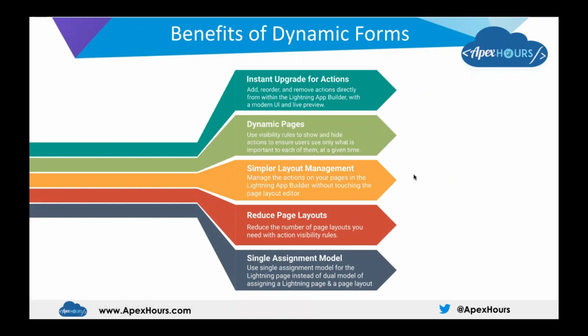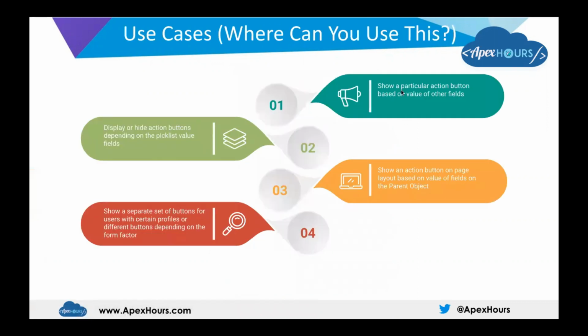Okay, next question will be, where can we use this? So the concept remains the same as dynamic forms. We can show a particular button when a record reaches a certain stage. So for example, you may want to show the tracking action button when the shipment is in transit. Before the shipment is in transit, there is no benefit of tracking, or the tracking is usually not available. So that's one thing.